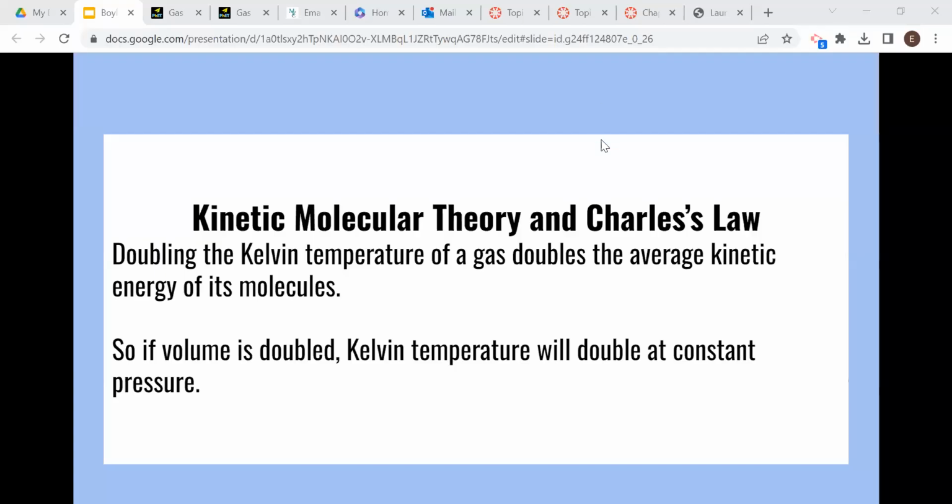So here, kinetic molecular theory: doubling the Kelvin temperature of a gas doubles the average kinetic energy of its molecules. So if volume is doubled, Kelvin temperature will double at constant pressure. In every calculation, compare and see the relationship and see if it makes sense.